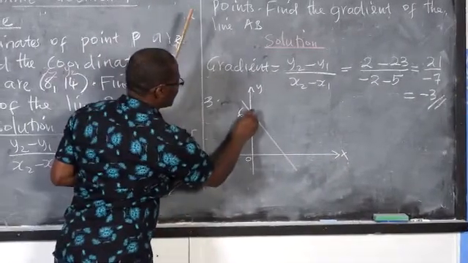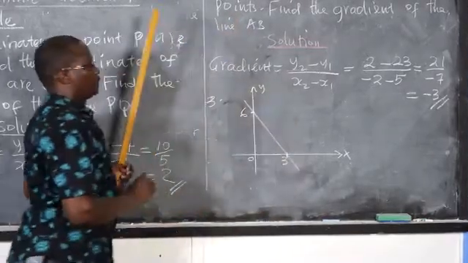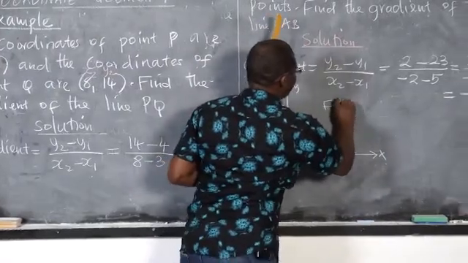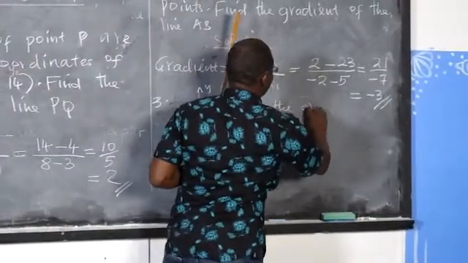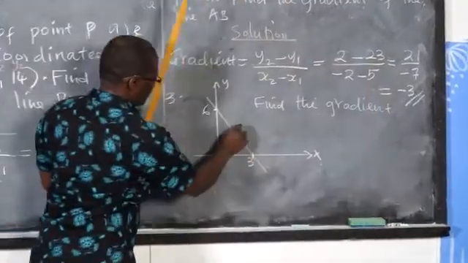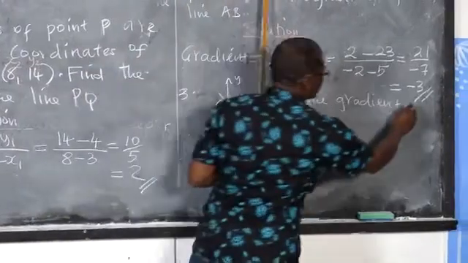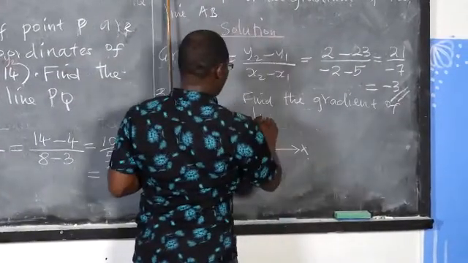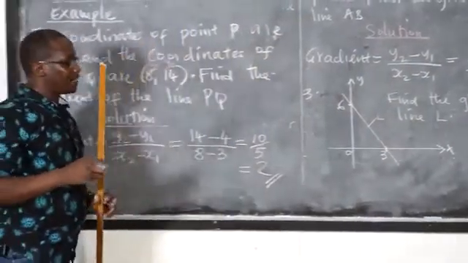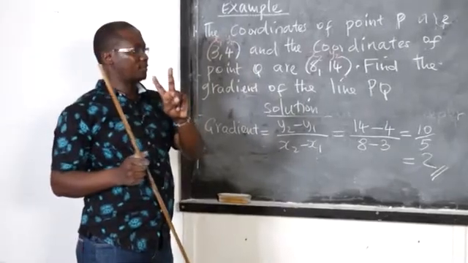Then I am told that this point is 6 and this point is 3. And the question is, find the gradient. So we call this line L. Find the gradient of line L. So just like I said before, for you to get the gradient of a line, you need to know at least 2 points.